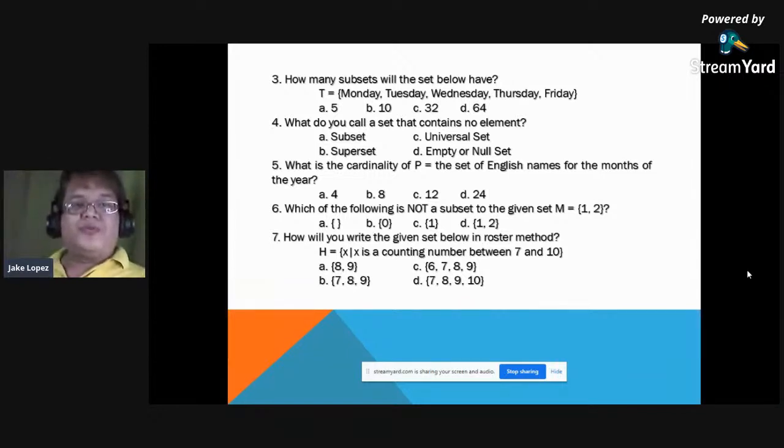Number four, what do you call a set that contains no element? Number five, what is the cardinality of P equals the set of English names for the months of the year? Six, which of the following is not a subset to the given set? And seven, how would you write the given set below in roster method?